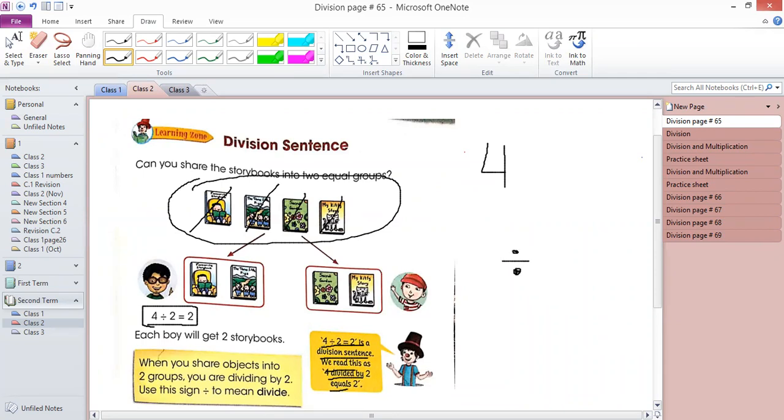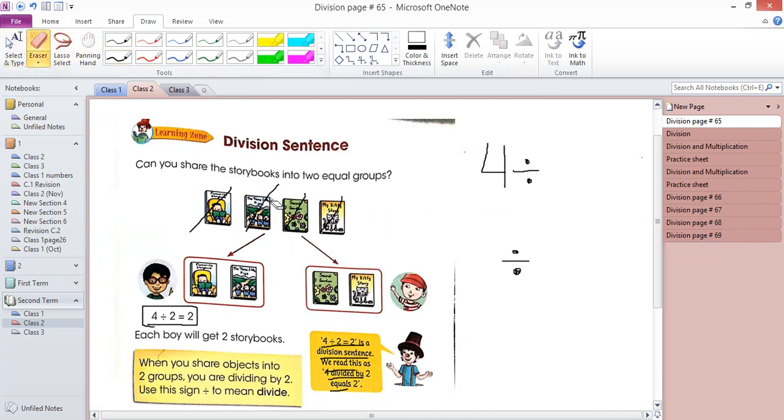So first number you write, how many total objects are there which you want to divide equally. So there are 4 books, that's why I write 4. The second thing is the division sign. 4 divided. The third thing you have to write is into how many equal groups you want to divide.